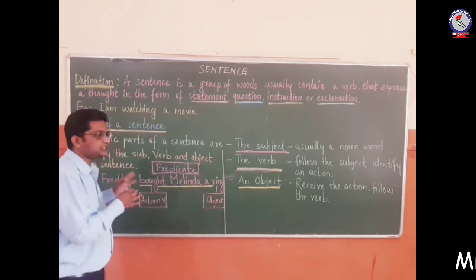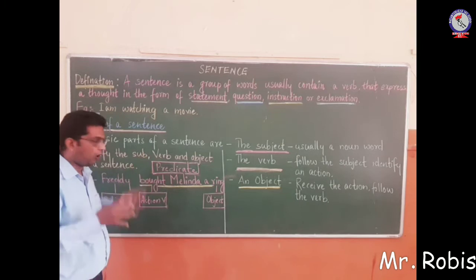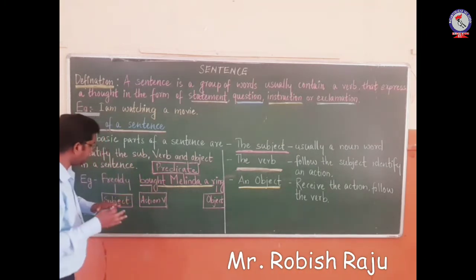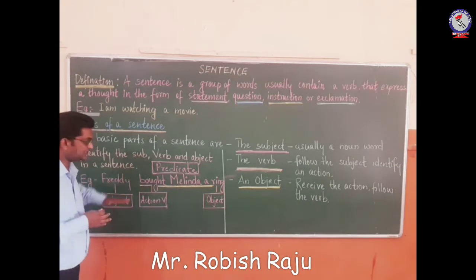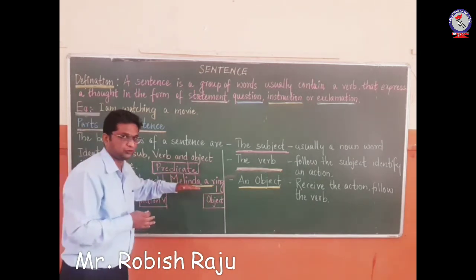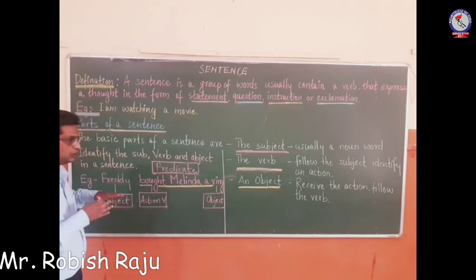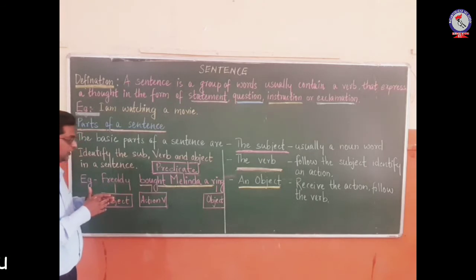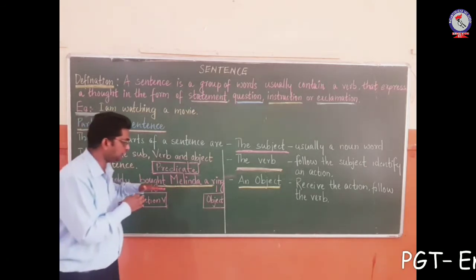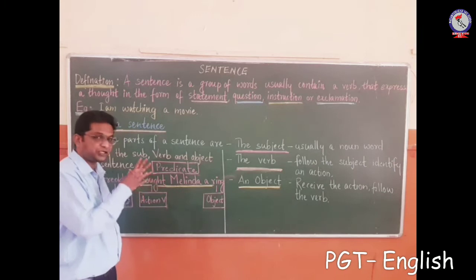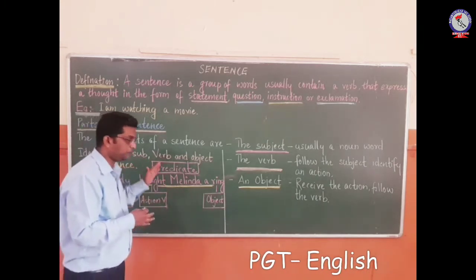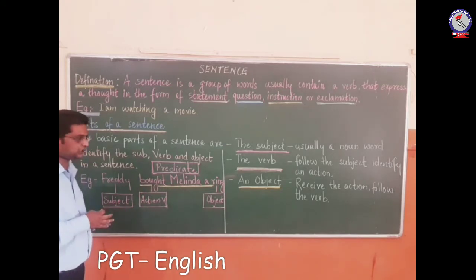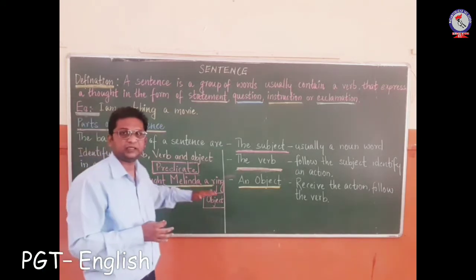Moreover, a sentence is bifurcated or divided into two parts. First is the subject, second is the predicate. Subject gives us the description about the noun, and the action that is taken in the sentence, the action part, that will be called the predicate. So the two parts of the sentence are first subject, second predicate.